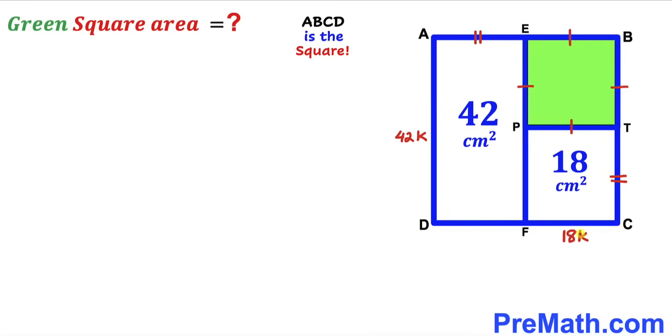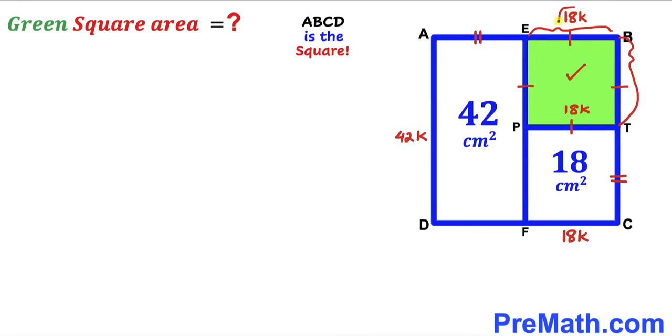And now let's make an observation. We know this side is 18 times k. So therefore this side has got to be 18 times k as well. So therefore this side is going to be 18 times k as well. And since we are dealing with this green shaded square, this side EB has got to be equal to this side BT.